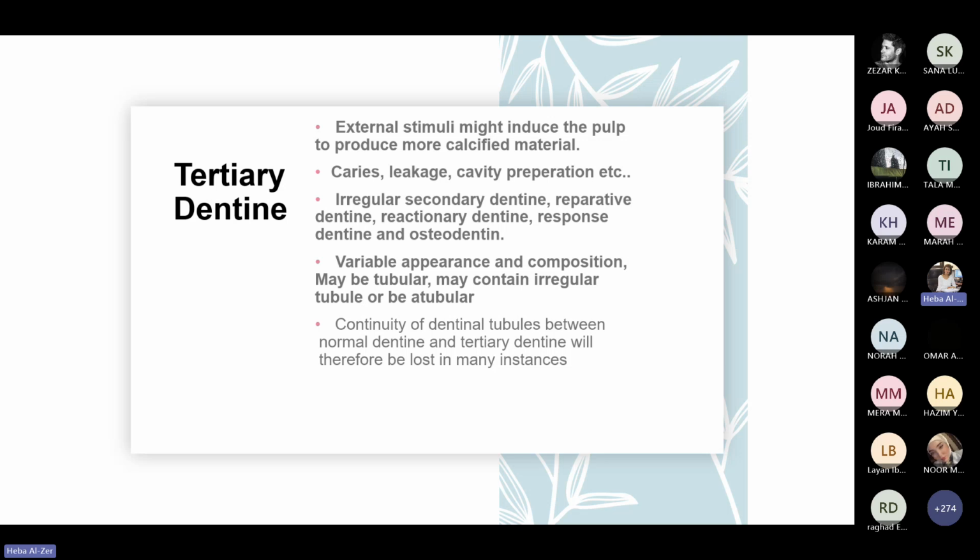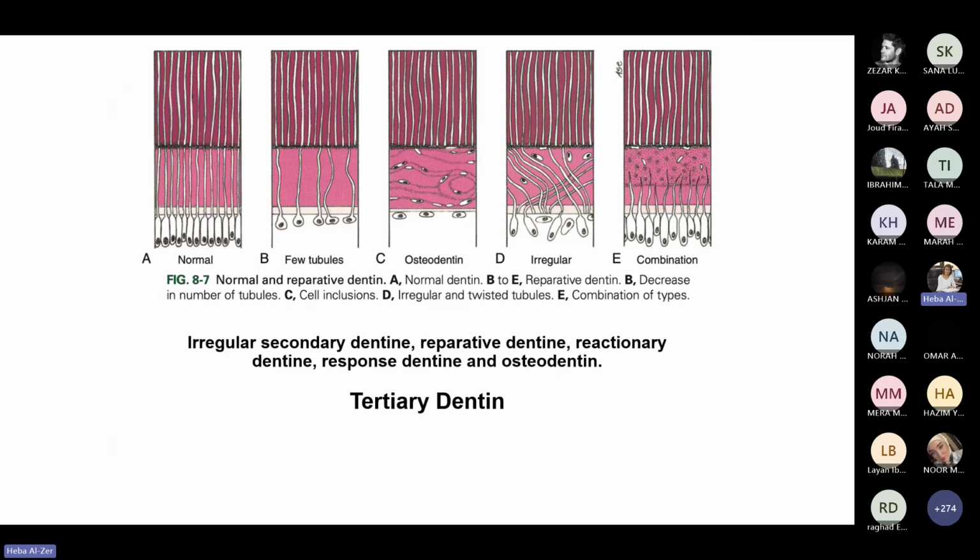Because each stimulus makes the odontoblast react in a different way. And that's why the tertiary dentine may have many different appearances under the microscope, and many different compositions. It could be tubular, atubular, structureless, with structures, with cells, without cells, as we are going to discuss here.